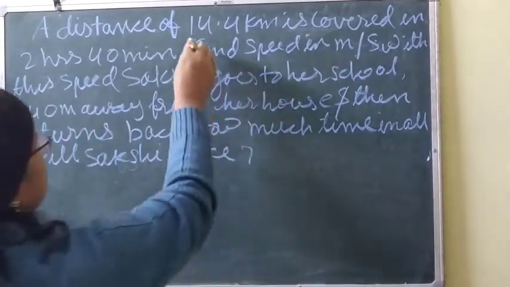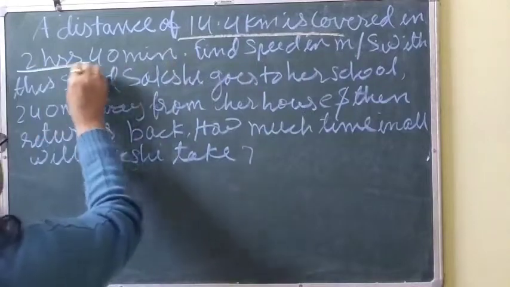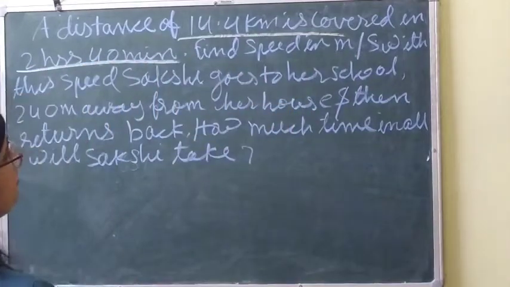So a distance of 14.4 kilometer is covered in 2 hours 40 minutes. Find the speed in meter per second.